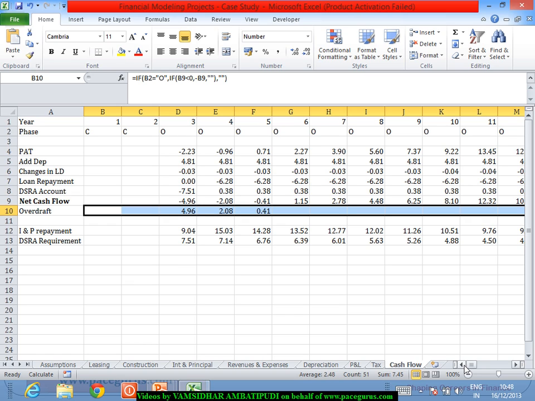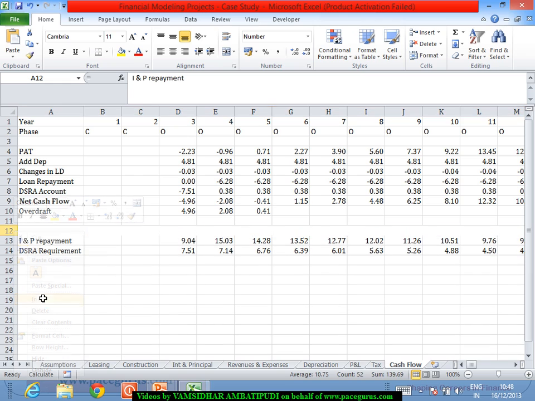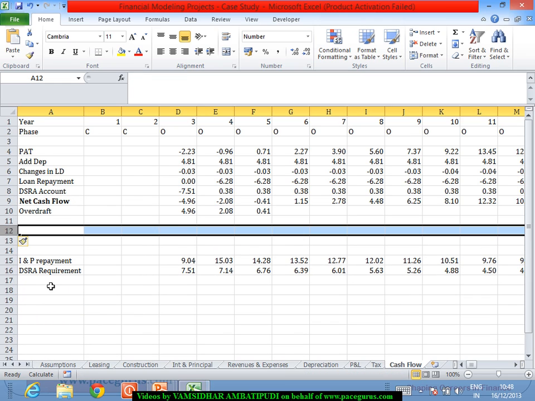So we'll even figure that out as a part of our cash flows. So right now, this is what is the overdraft I have taken in each of the periods, and finally made my net cash flows to be 0. But wherever I have a net positive cash flow, I have to repay back my overdrafts also, whichever I have taken.